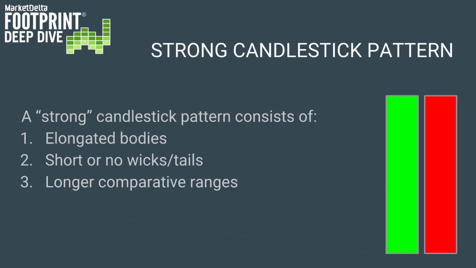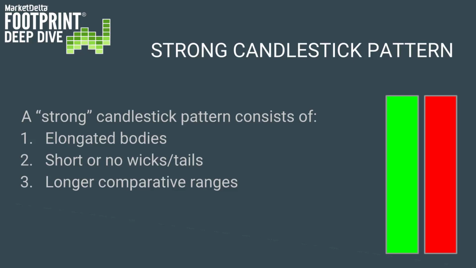Now, it's not real common that you're going to see a bar literally open on its low tick and close on its high tick, or vice versa. So a little bit of a tail is okay. What we want to see is a big elongated body where it opened at one extreme and closed at the other. That is really what we're looking for.